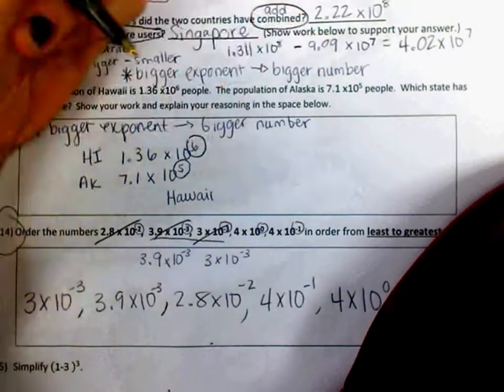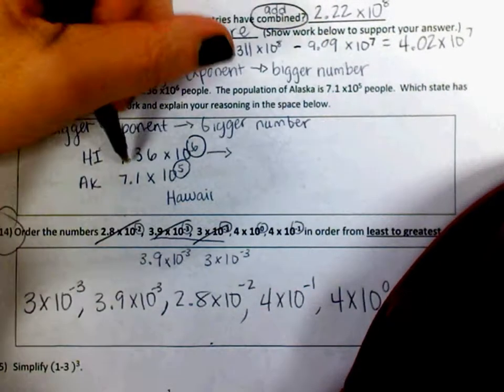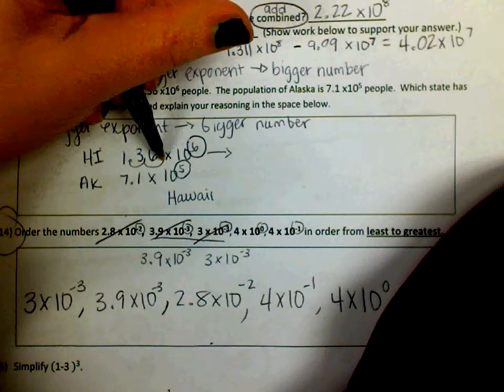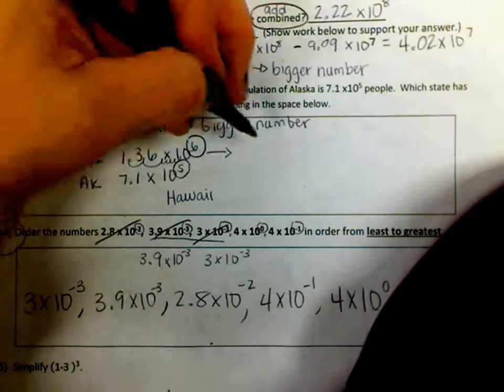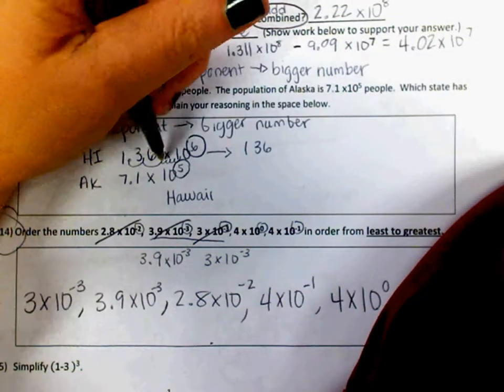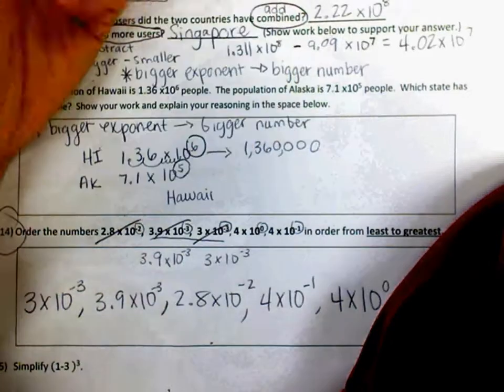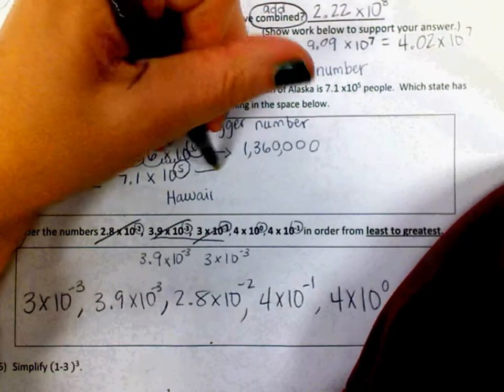and let's actually figure out what the population is. So 1.36 times 10 to the 6th power, so I move the decimal 6 places to the right. And that's 136... 1,360,000.